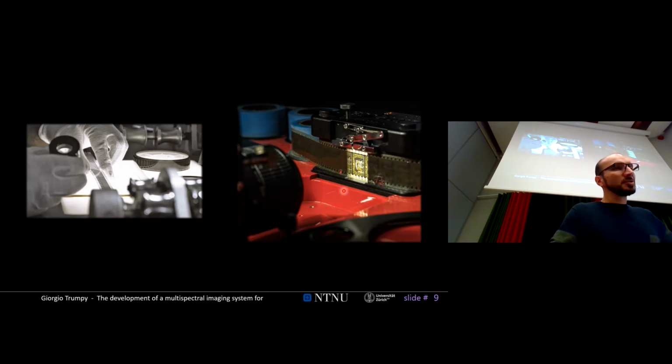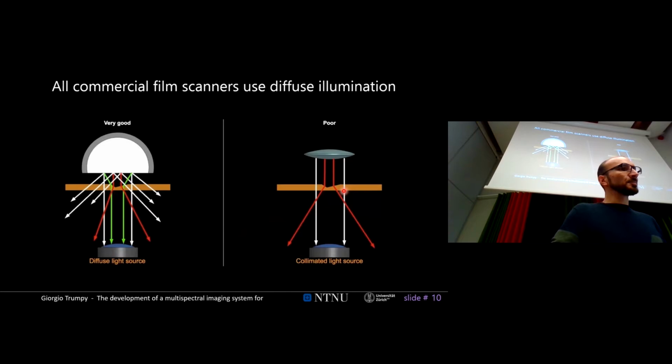All film scanners use diffuse illumination because of several reasons. It's easy to have homogeneous illumination on the film, and then dust and scratches are less visible.